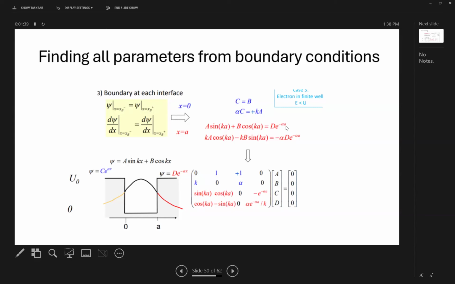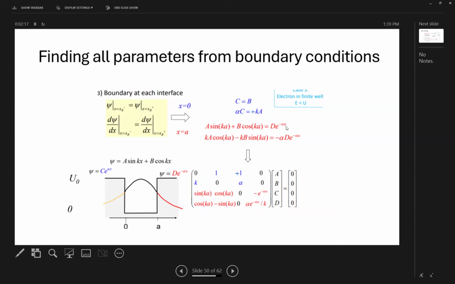For those cases, there is a big difference between the standing wave here versus the standing wave here. We'll also see standing waves in a finite potential well. But the difference is, unlike in the first case where the wave becomes zero at the very end of the box, here, because the wells are finite, you will see some waves spilling outside of the box, and it will form a shape like this.